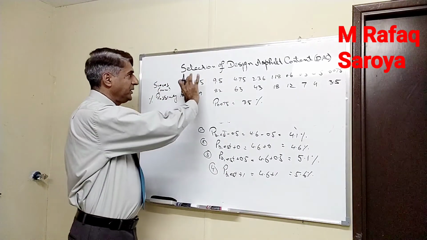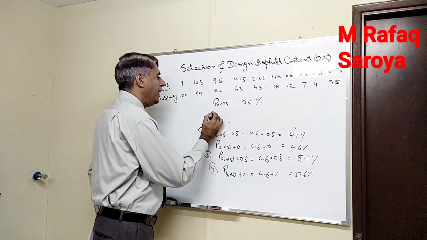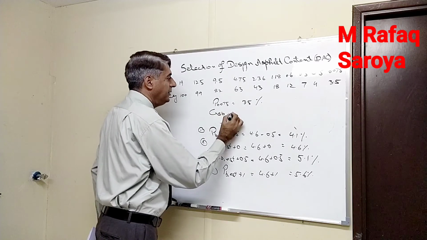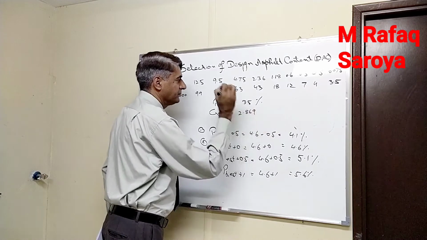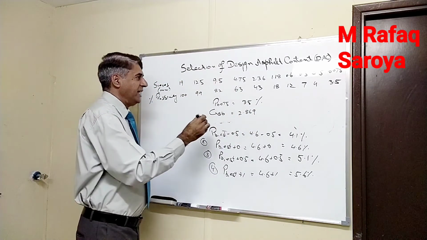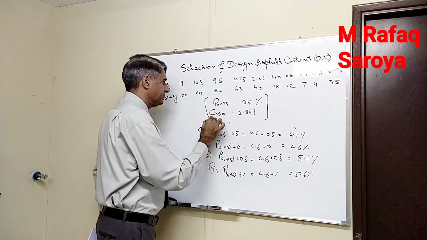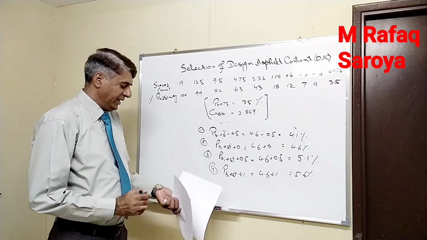And second, with this design aggregate structure, we have formed the combined bulk specific gravity, which is equal to 2.869. This we have done in our previous lectures. So these two quantities are very, very mandatory. That's why I have drawn this table again for your understanding.